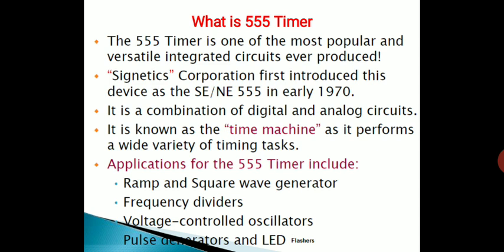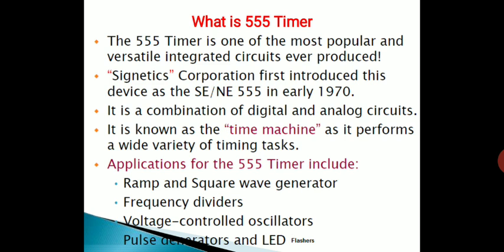The IC 555 timer can be used in a variety of applications. It can be used as a multivibrator, that is, as a ramp generator or square wave generator. It can be used as a frequency divider. As I said, the basic application of a timer is to get precise time delays.